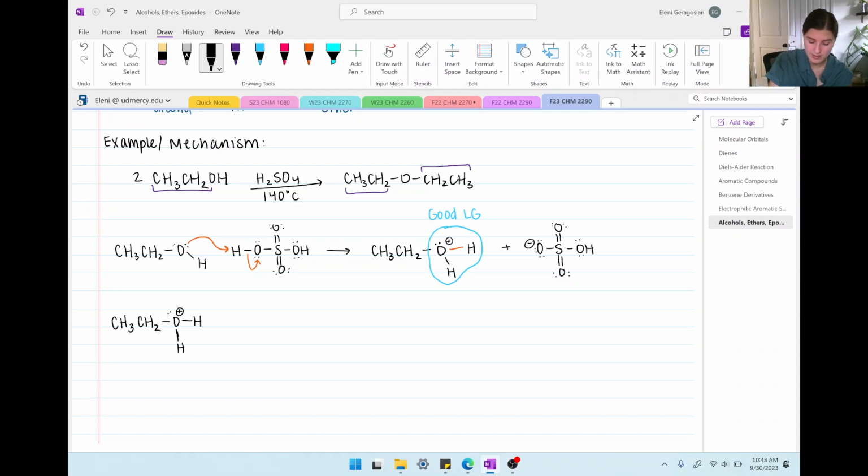We also have another alcohol molecule. The oxygen in that neutral alcohol molecule has electrons, so it can create a new bond. We're doing another substitution reaction here, where the oxygen from the neutral alcohol can create a bond to the carbon that's bonded to the good leaving group, and the leaving group will leave.